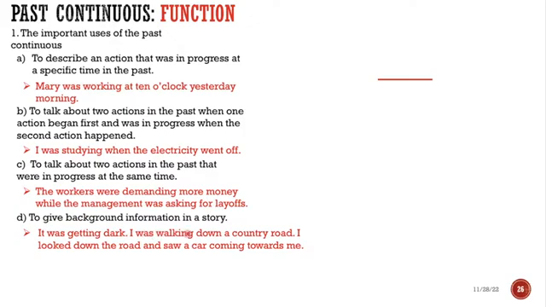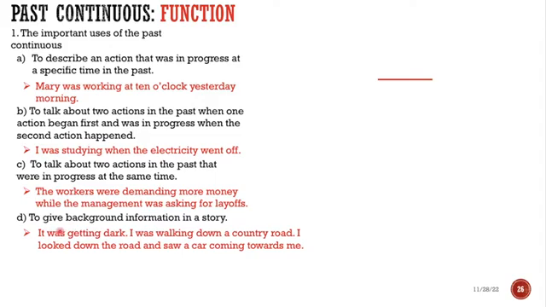I was walking down a country road. I looked down the road and saw a car coming towards me. Everyone, this relates to background information.